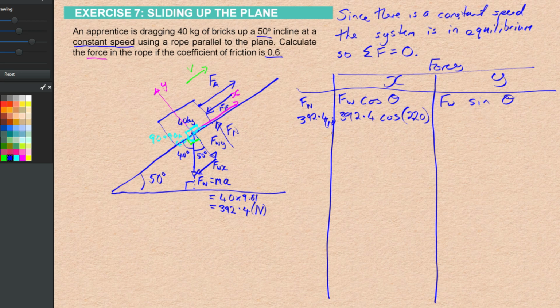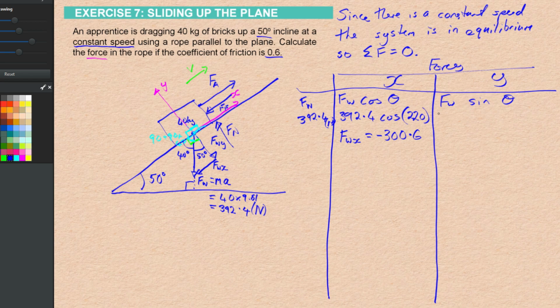And that works out as a number to be, oops, let's not make the same mistake as last time, let's type in these numbers correctly. 392.4 cosine of 220 degrees is minus 300.6. So the x component of FW is minus 300.6.